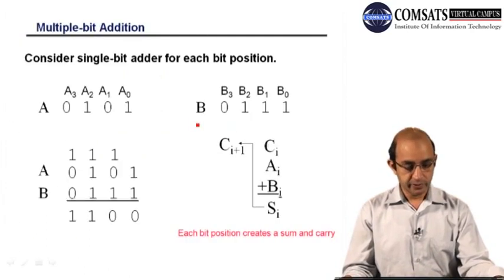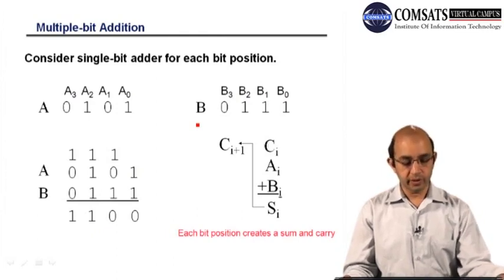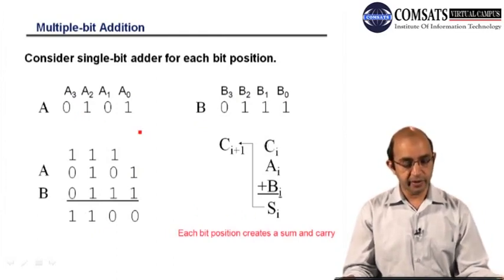So if I have to add more than 1 bit, for example, if I have a binary number A and another binary number B and I have to add them, on a piece of paper I will write down the numbers A like this, B, and then I will perform the addition.